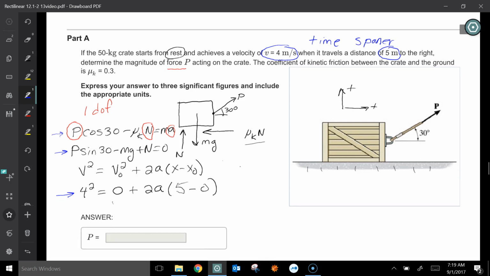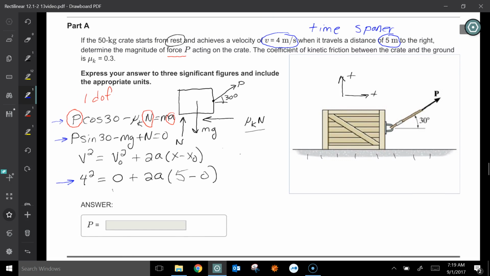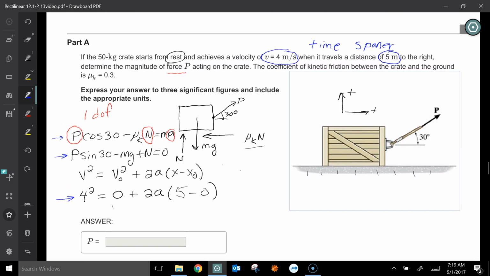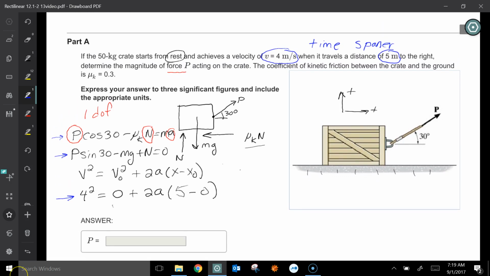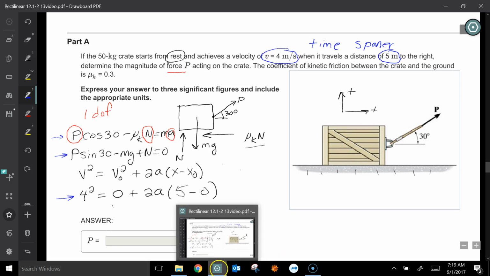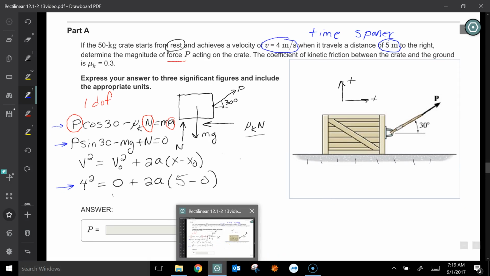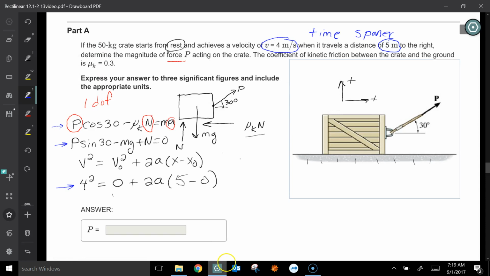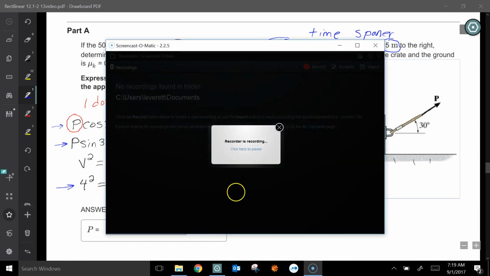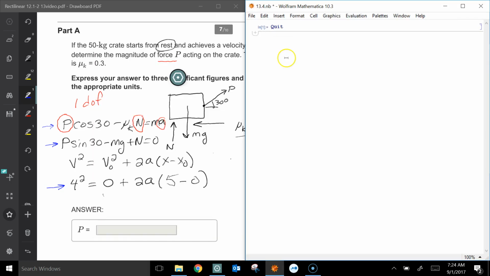What I'm going to do is pull up Mathematica and demonstrate how to solve these equations using Mathematica. Okay, here I've got Mathematica pulled up, and the standard Quit that you start off with at all times.